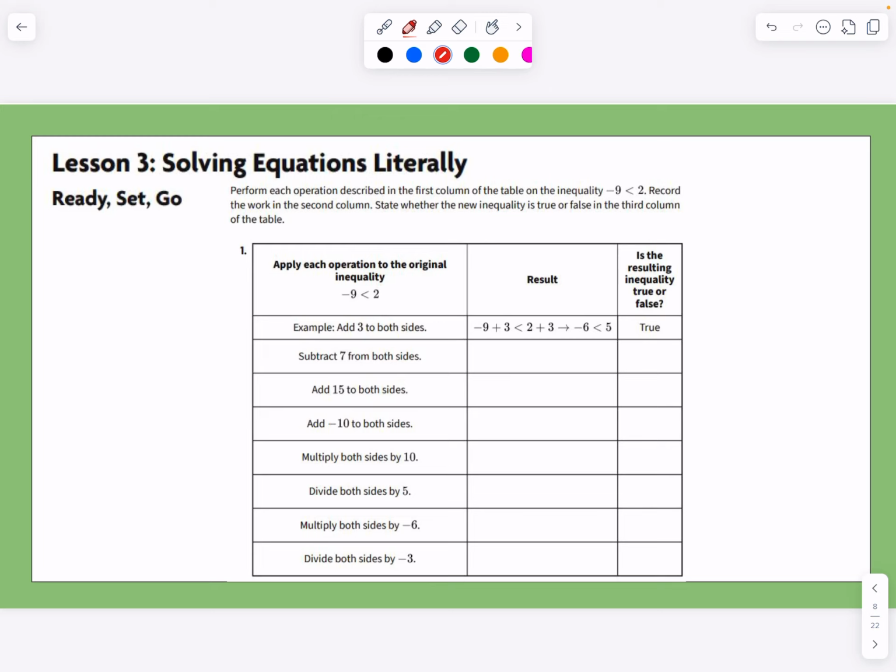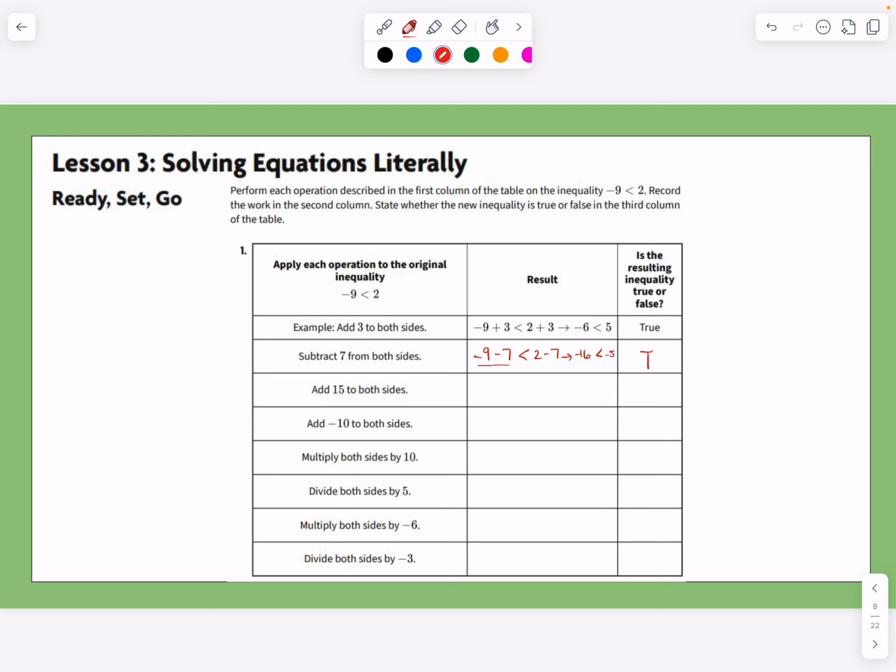So we're saying, all right, we have negative 9 minus 7 is less than 2 minus 7. When I work this out, negative 9 minus 7 is negative 16, less than 2 minus 7, which is negative 5. Is that still true? Yep, it's still true.